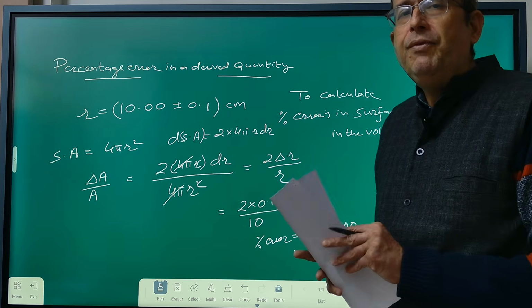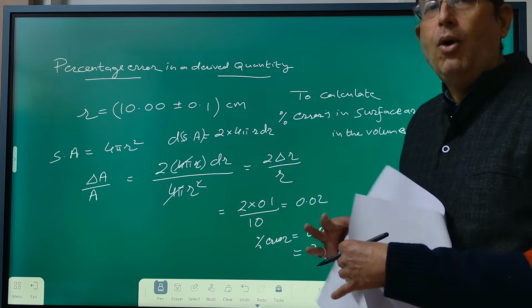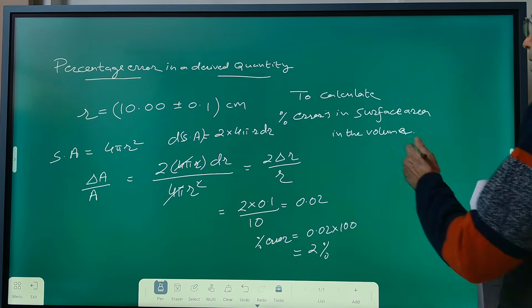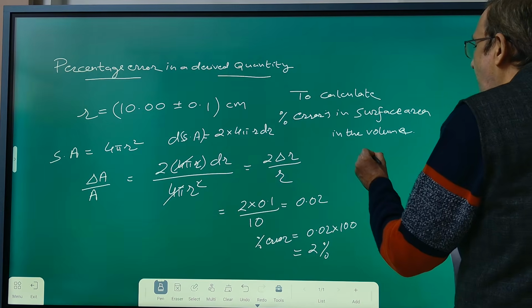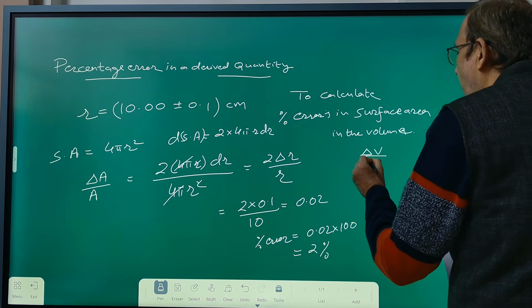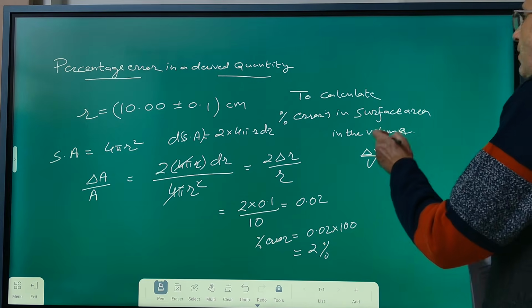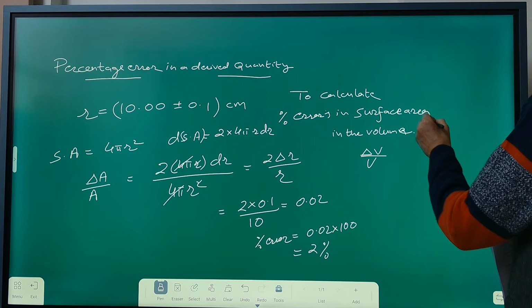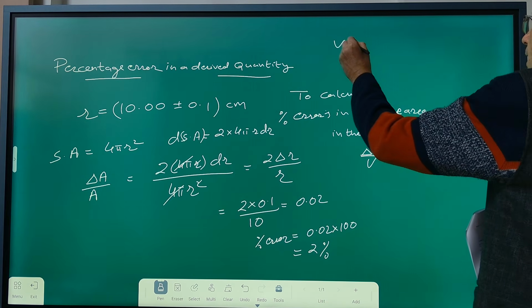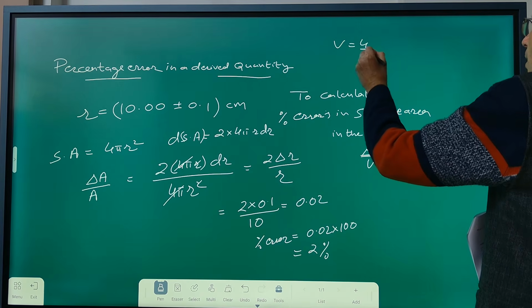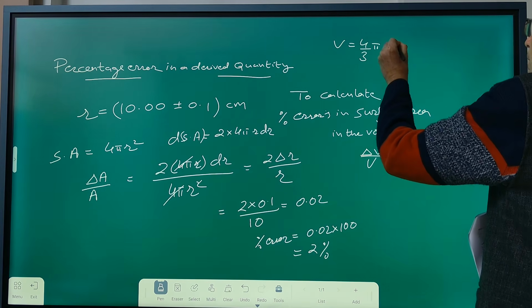Similarly, if you want to calculate the percentage error in the volume, you will know that delta V over V, using the same approach, as V is equal to 4 over 3 pi r cube.